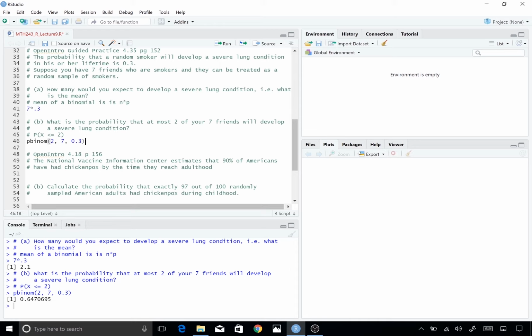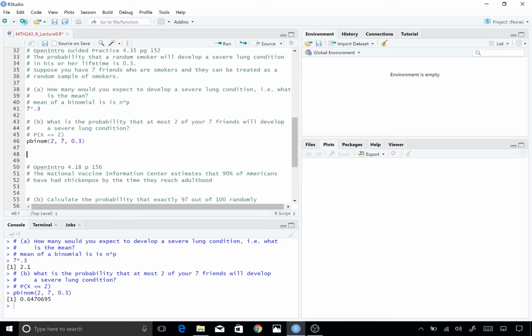And note that this is the same as adding up the dbinoms. So dbinom(0, 7, 0.3) plus dbinom(1, 7, 0.3), plus dbinom(2, 7, 0.3).